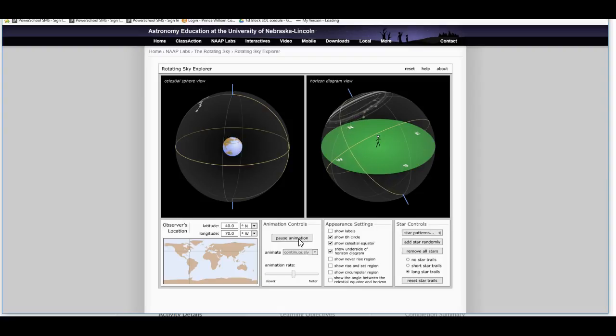So hopefully you recognize what's going on there. I'm going to pause the animation. And now we're going to change this to 40 degrees south and 70 degrees east.